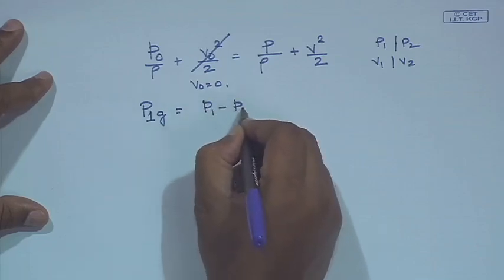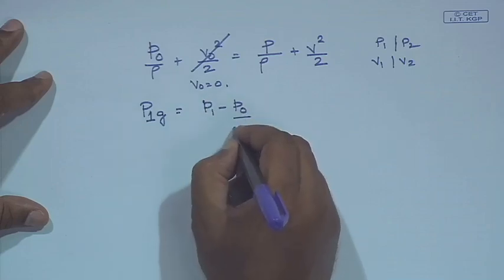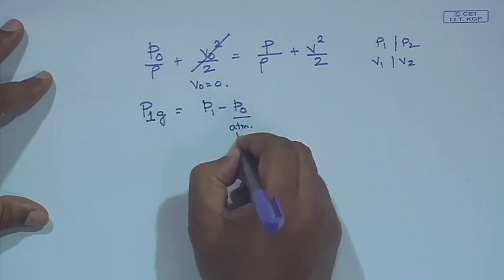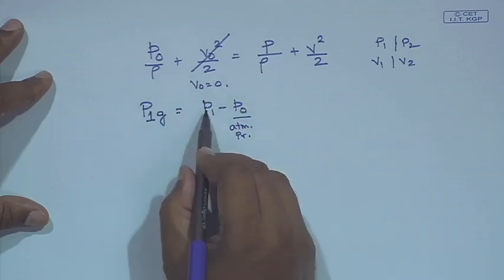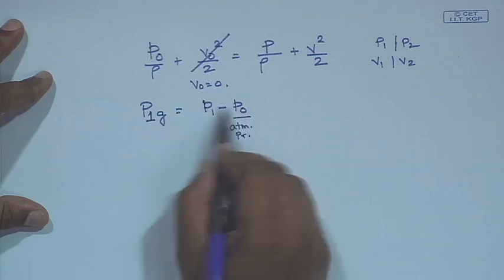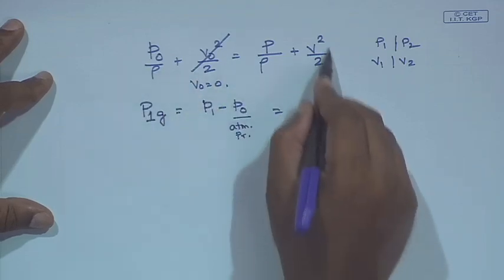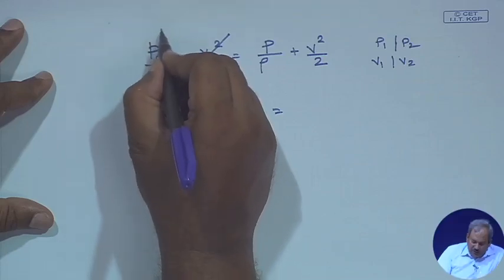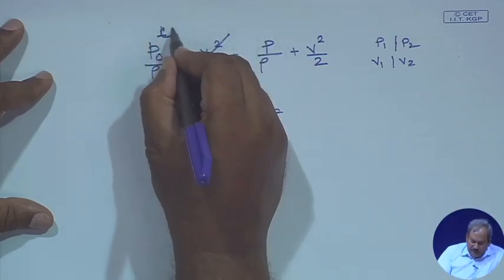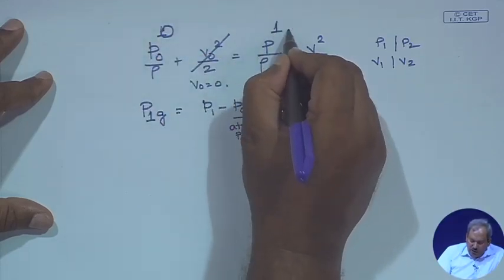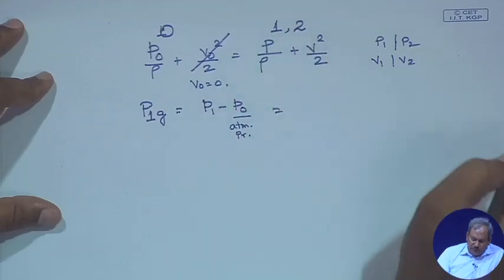1 minus P0, where P0 is the atmospheric pressure, P1 minus P0 is the gauge pressure, which would simply be equal to, if I write this equation between location 0 and location 1, or I can write it for location 2 as well.